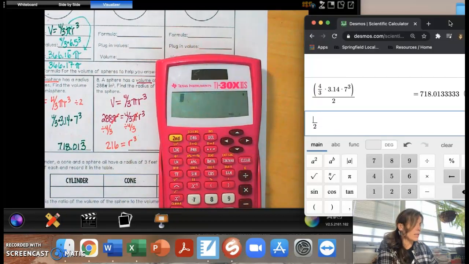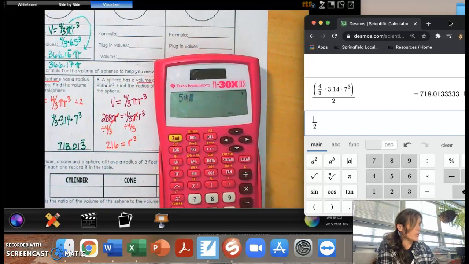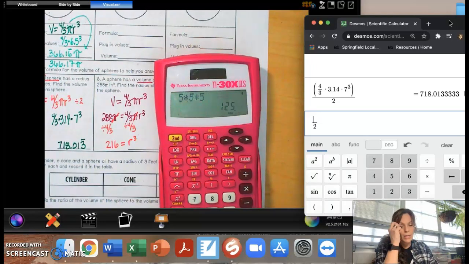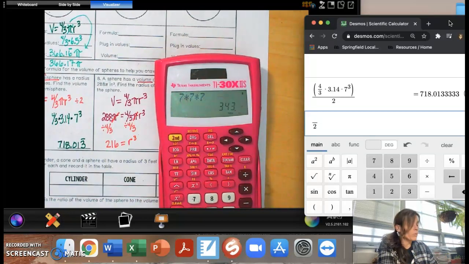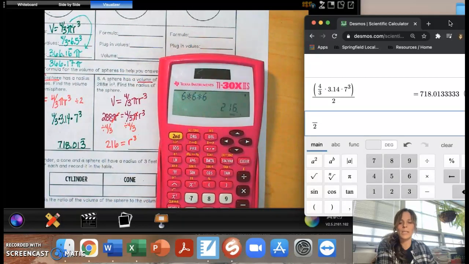So then they start guessing and they go, okay, how about 3? 3 times 3 times 3 is 27. That's too low. How about 5? 5 times 5 times 5, that's 125. How about 7 times 7 times 7? 343. So they can pretty much guess and check until they figure out the answer is 6. But you don't need to do that, guys.